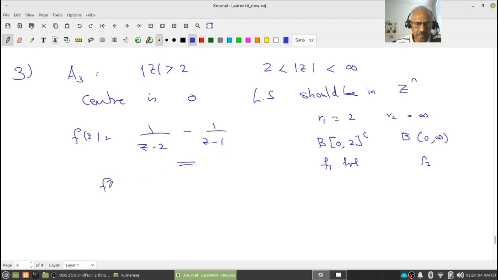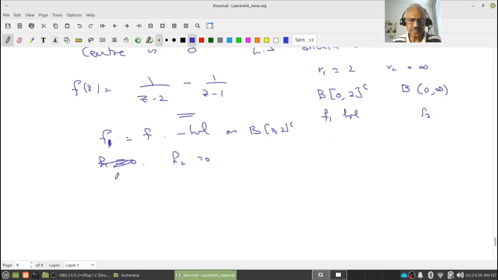Therefore, my f1 is actually f, because this is holomorphic on the complement of B(0, 2). Therefore, my f2 must be identically 0. Yeah, f1 must be holomorphic and f2 must be 0. Is that okay? Okay, right.